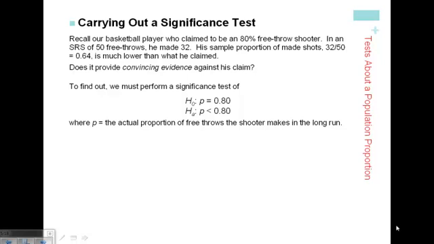In this case, what's the population that we're talking about? The population of all this person's free throw shooting. What's the parameter we're talking about? The parameter is either an expression that starts with the word mean or an expression that starts with the word proportion. In this case, we're looking at the proportion. Proportion of what? Baskets made.